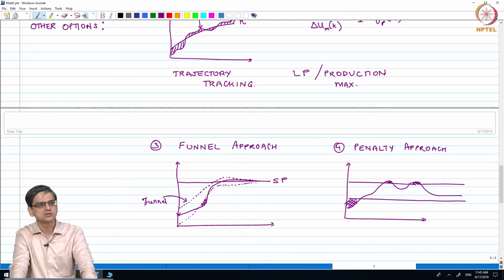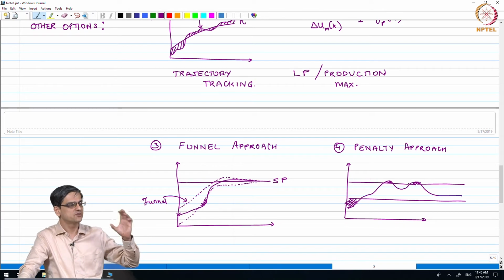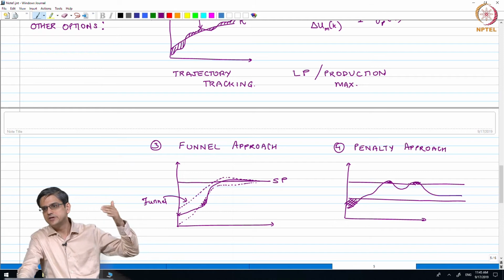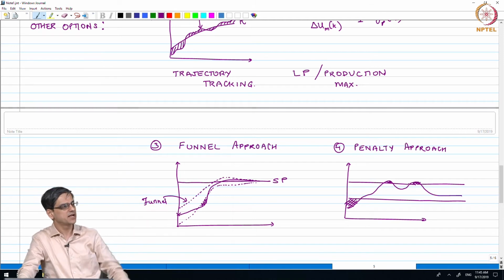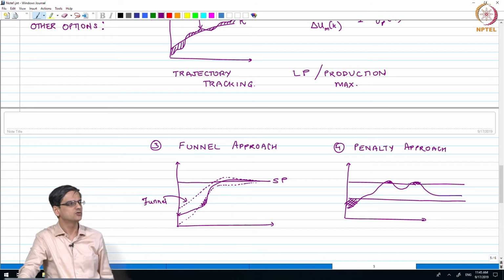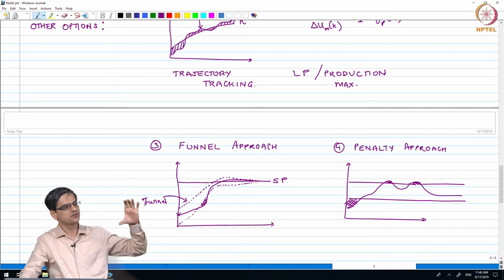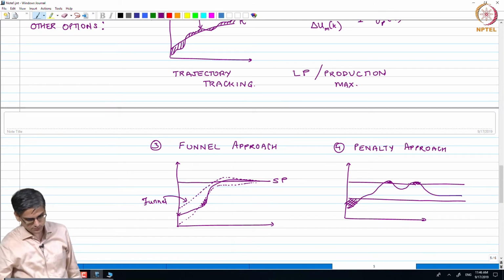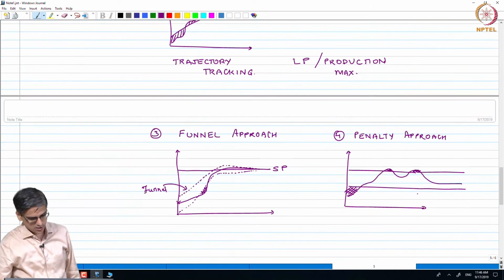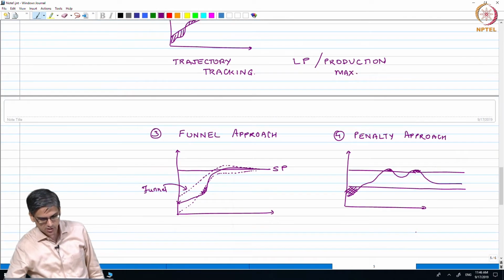Why? Because you required productivity in a certain range, say 90 to 110. As long as it is between 90 and 110, that is fine. So, you do not have one set point, but a band of set point, and once you go outside of that band, only then you get penalized. That is about the objective function.